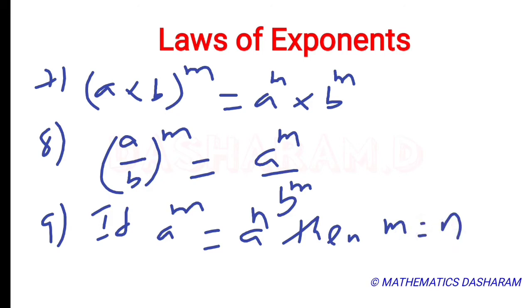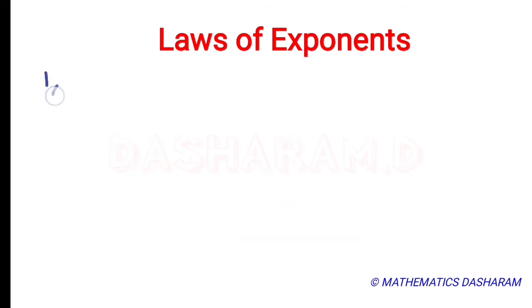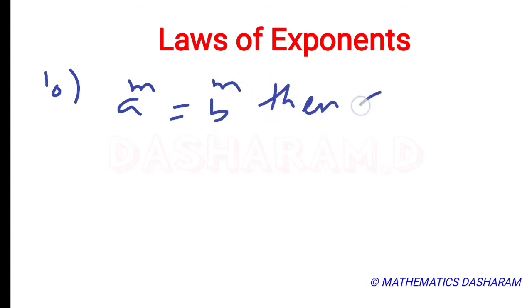See, here bases are same, then we can equate the powers. Next, the tenth one is a to the power of m equals b to the power of m, so then a equals b. See, our powers are same, then we can equate the bases. So these are the 10 important laws of exponents. So let's go to the exercise.